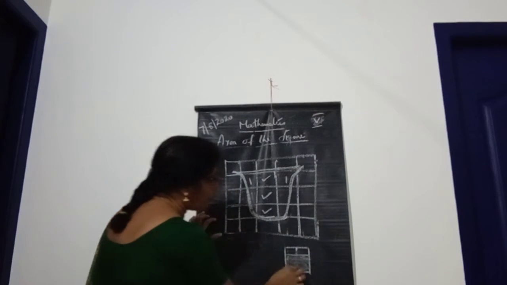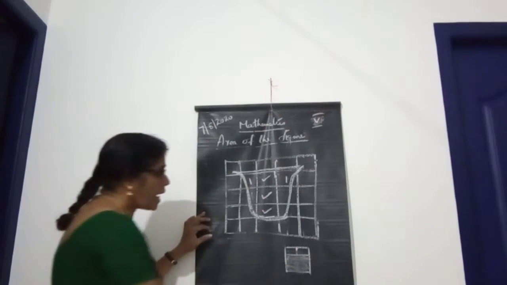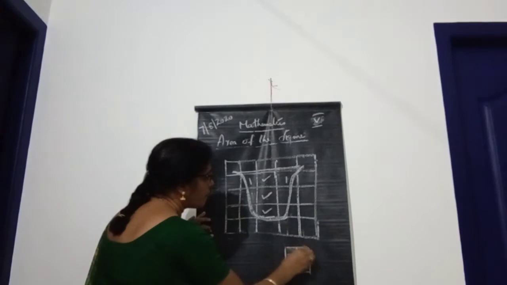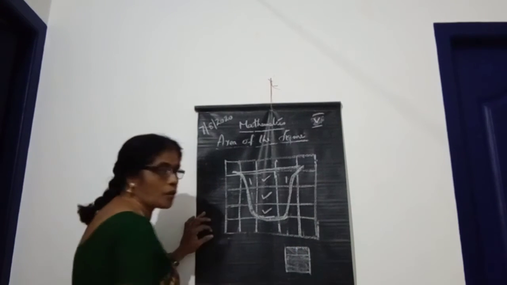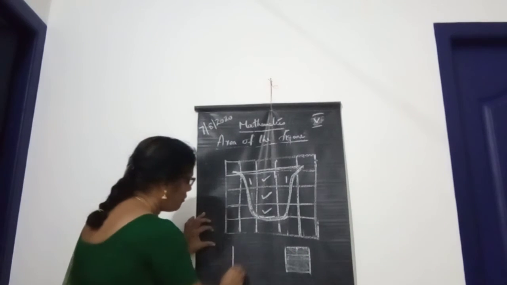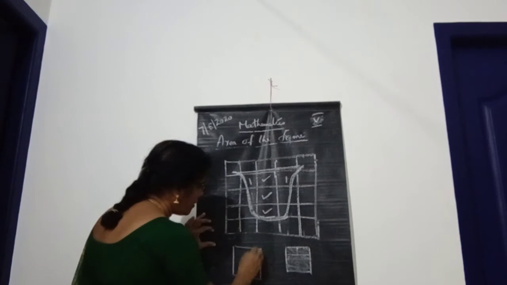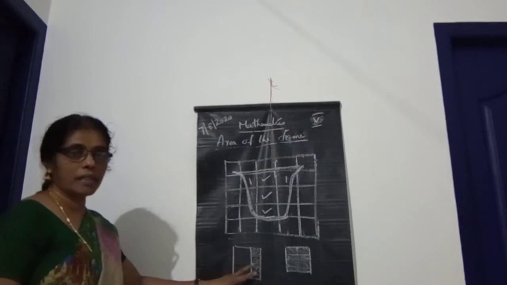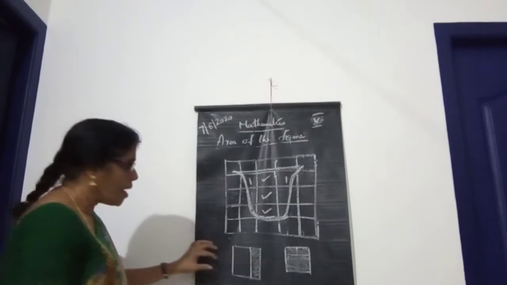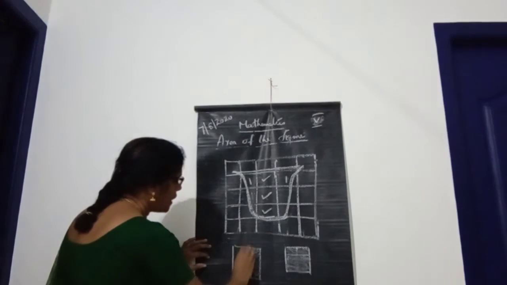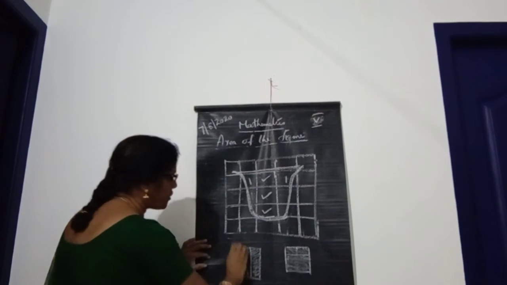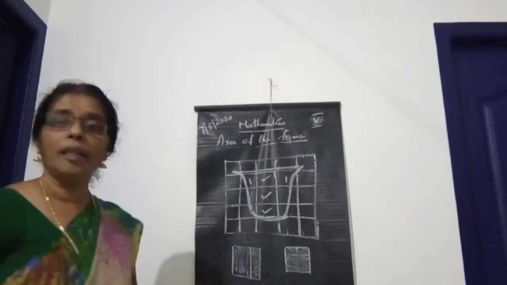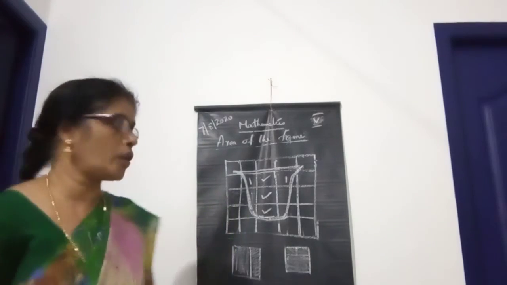And this part is less than half of the square. This one is the square, and this part is less than half of the square. But this part is more than half of the square, isn't it?